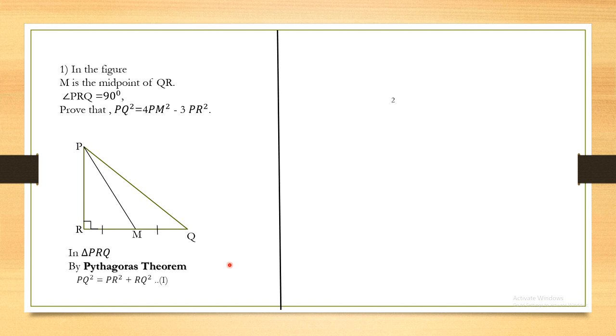By the Pythagoras theorem we can write PQ square equal to PR square plus RQ square. Now let's take the smaller right angle triangle PRM. By the Pythagoras theorem we can write PM square equal to PR square plus RM square. Note that RM is half of RQ.